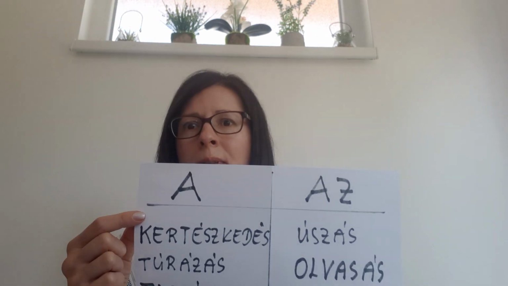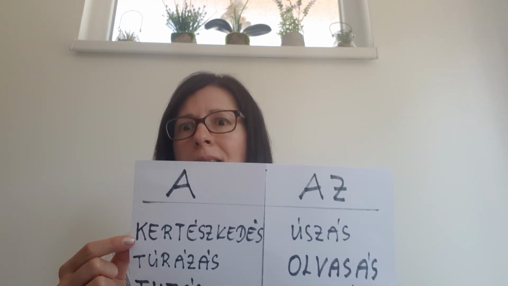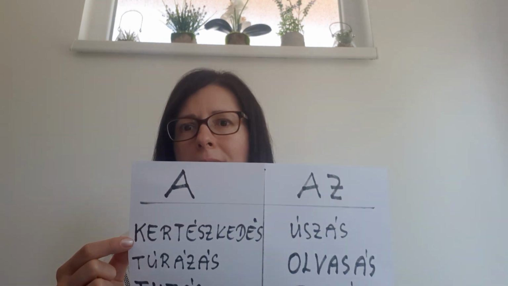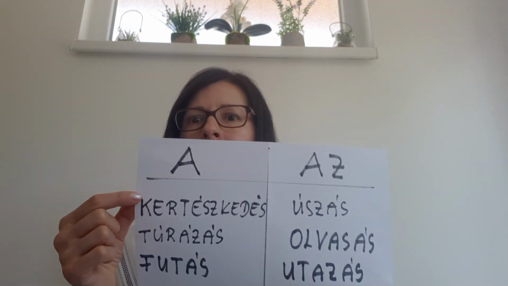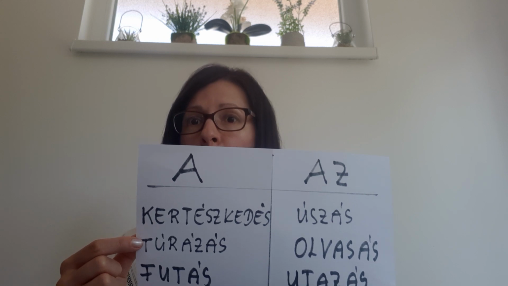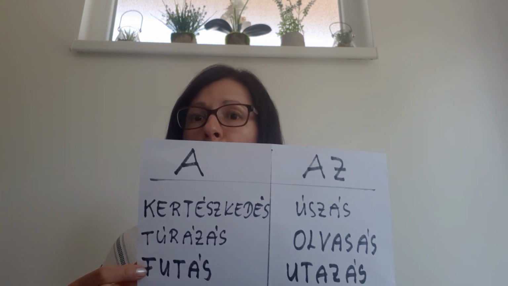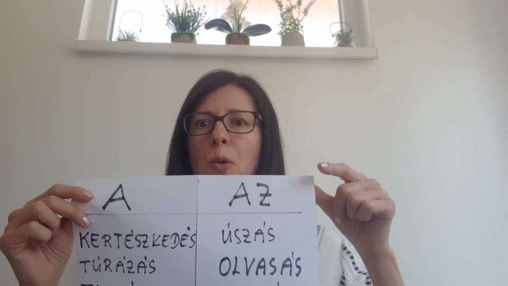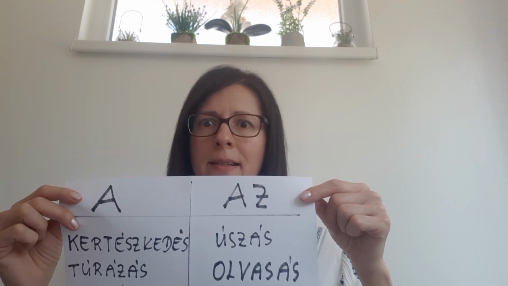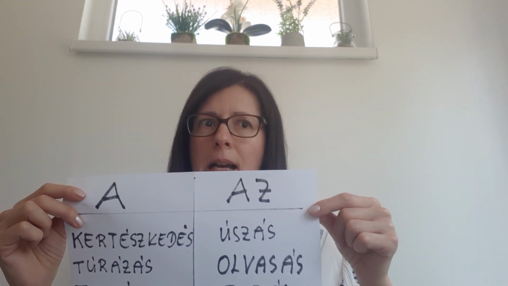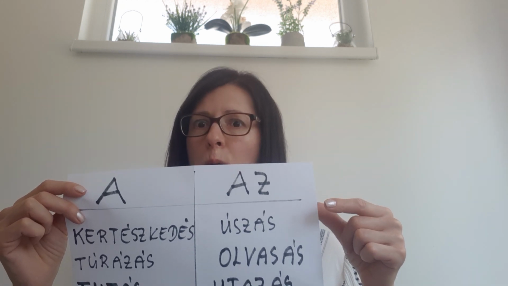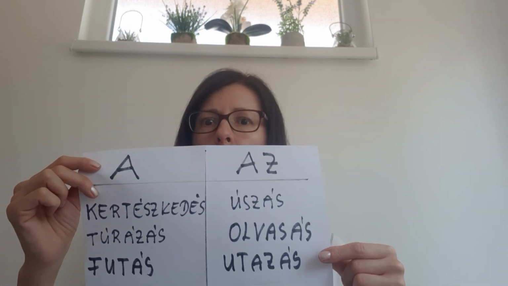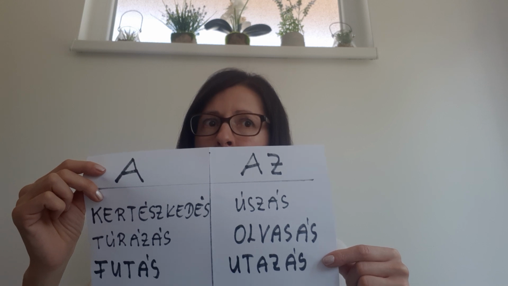A is used when a noun starts with a consonant. For example, a kertészkedés, a túrázás, a futás. Az is used when a noun starts with a vowel sound. For example, az olvasás, az utazás.